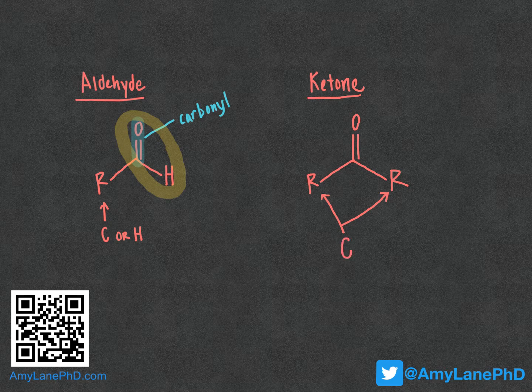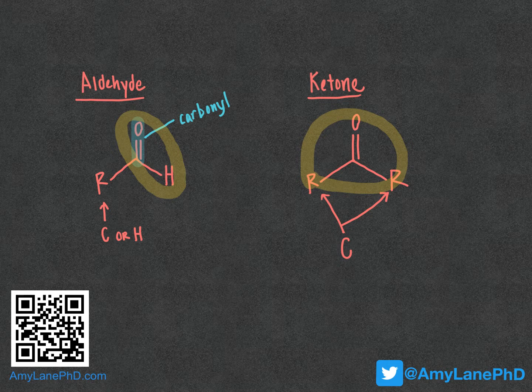They could be as simple as having a CH3 on each side of the carbonyl group, or they could be long chains, they could be rings. Whatever the case might be, what absolutely has to be present in order for the structure to be referred to as a ketone is that it has to have a carbonyl directly bonded on both sides to carbon atoms. If there's an oxygen on one side or a hydrogen on one side, then it is no longer a ketone, but it is some other functional group.